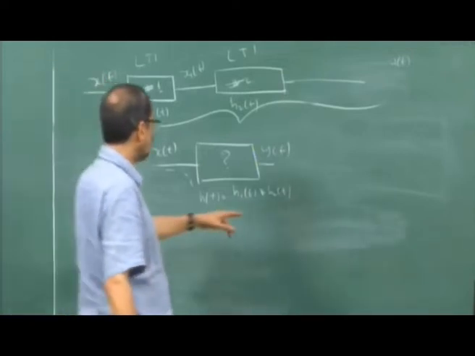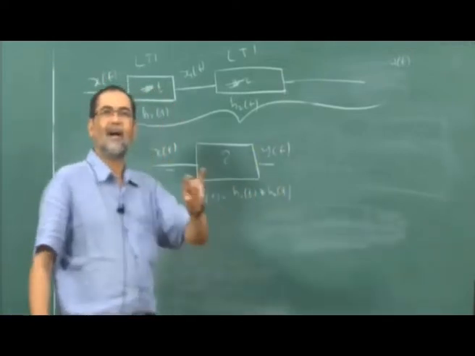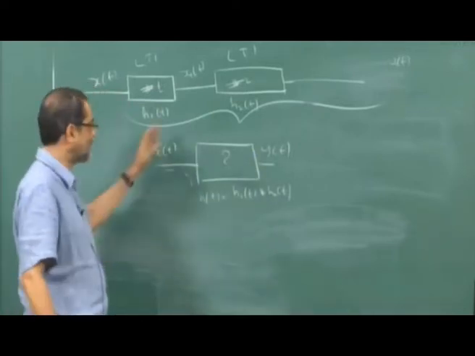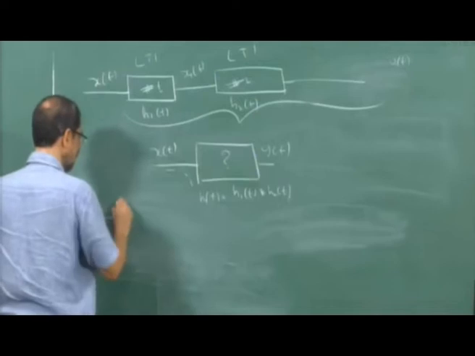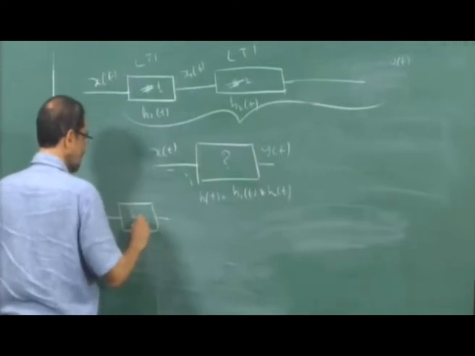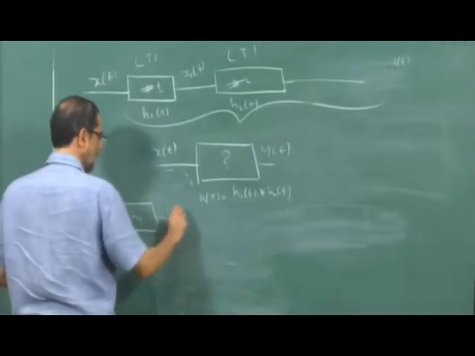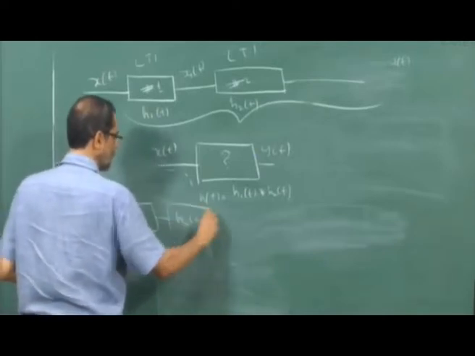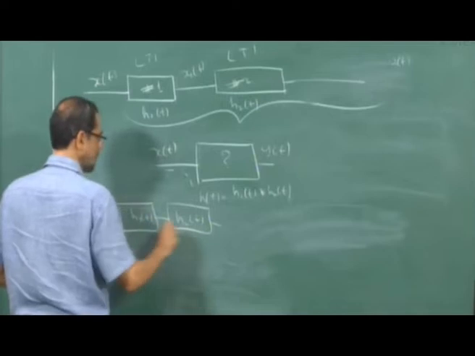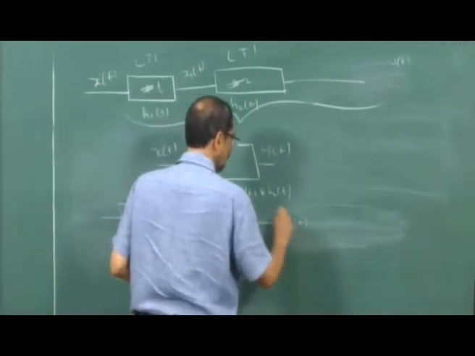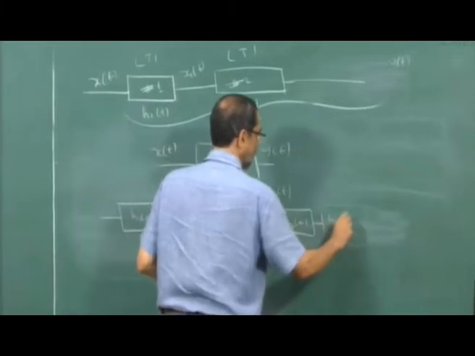And because convolution is a commutative operation, for LTI systems this means an interesting result. If I first send it through a system with impulse response h1 and the output of that goes through h2, this is identical to first sending it through h2 and then sending it to h1.